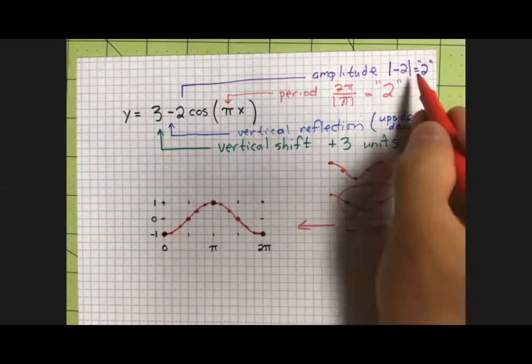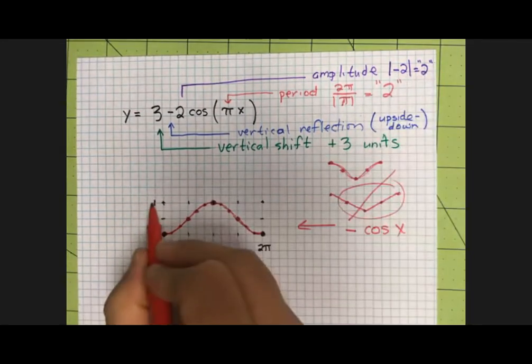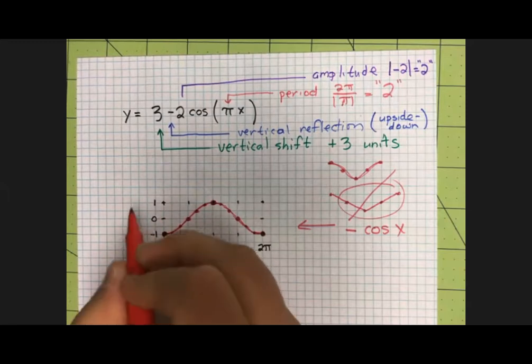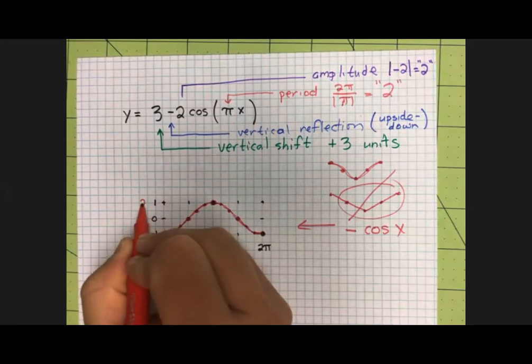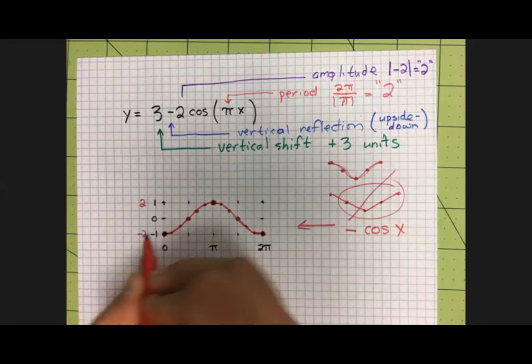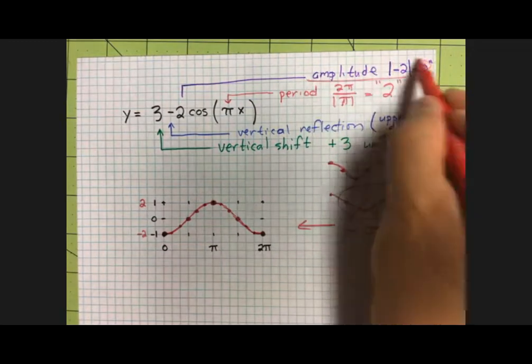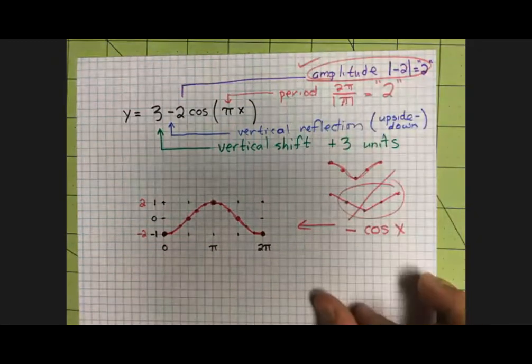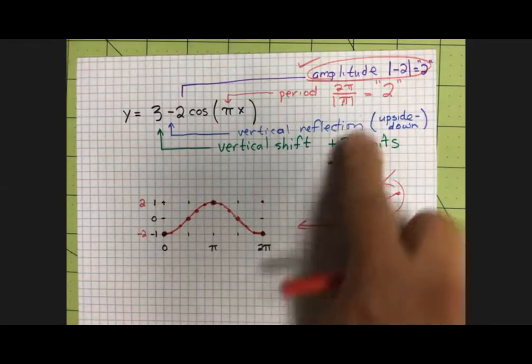Watch that. The amplitude is 2, right? So instead of +1, -1, now I'll stretch as high as +2 and as low as -2. So I've done the amplitude. Check. What about the period?